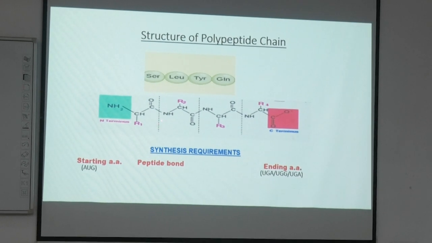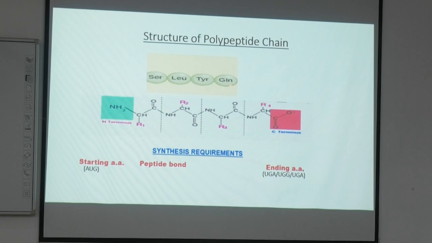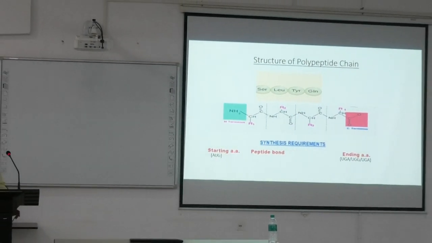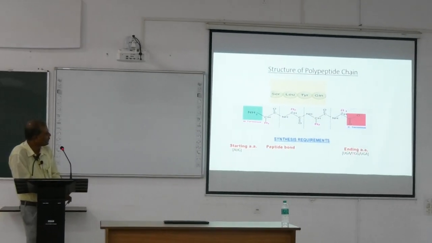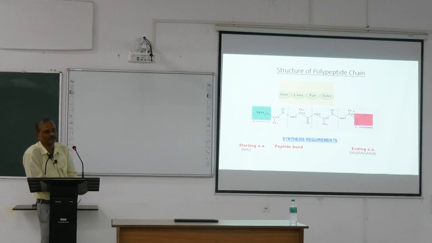When a protein is synthesized from mRNA, amino acids are added sequentially as per the direction of the mRNA, and after an amino acid is added, a peptide bond is formed, and then the third amino acid is added. So during protein synthesis, we require a start codon and an end codon, and between the two, peptide bond formation is essential.